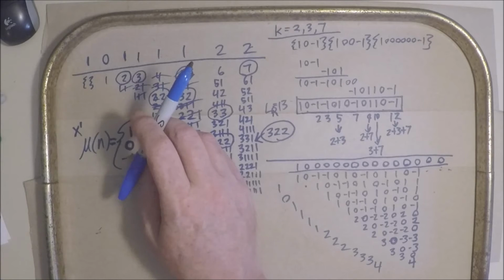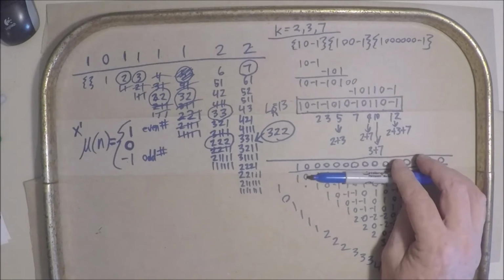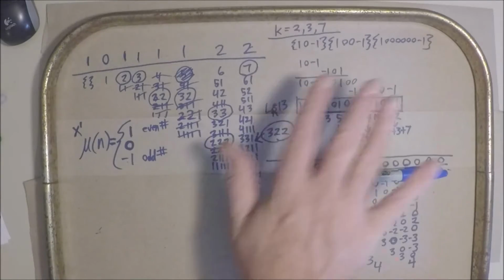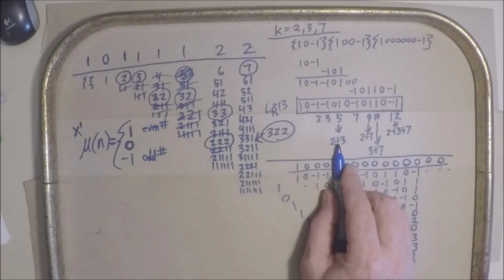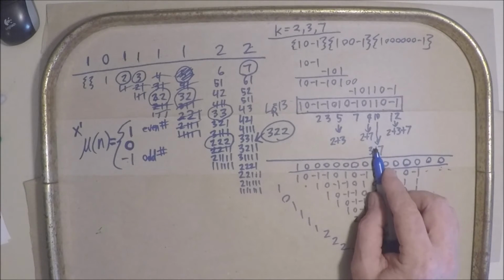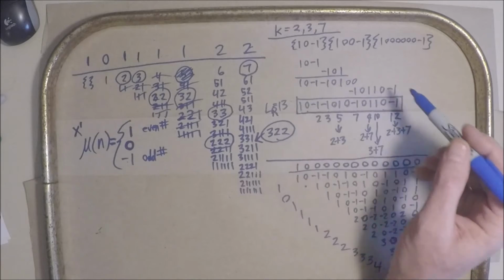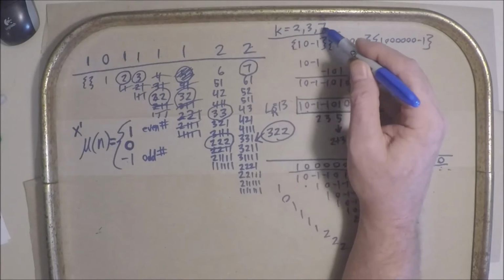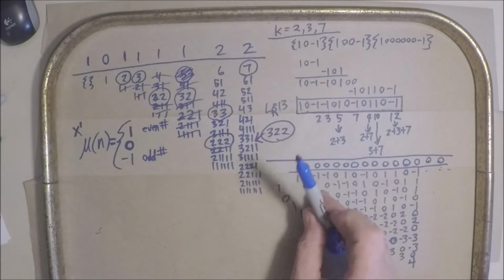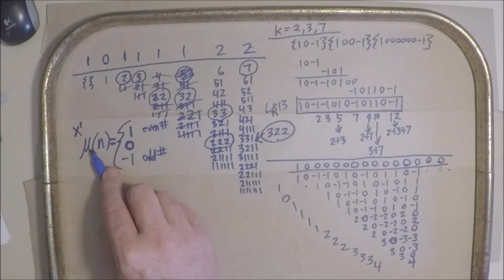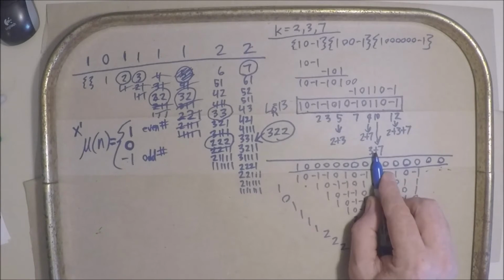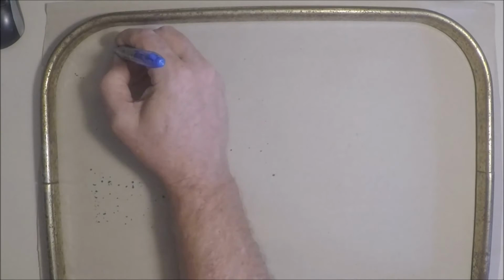But the interesting thing is that we have an isomorphism, or a connection, a correlation to the Mobius function via the sum of factors. So if we were to restrict k to just the primes, we can replicate the Mobius function doing this. Okay, so check this out.